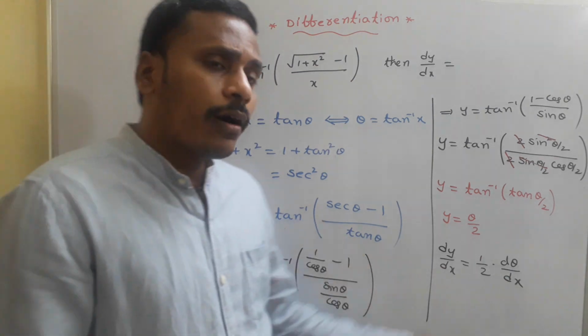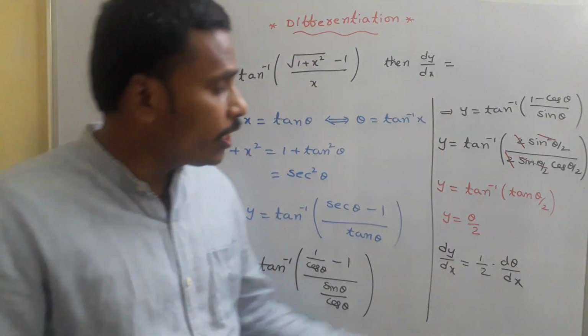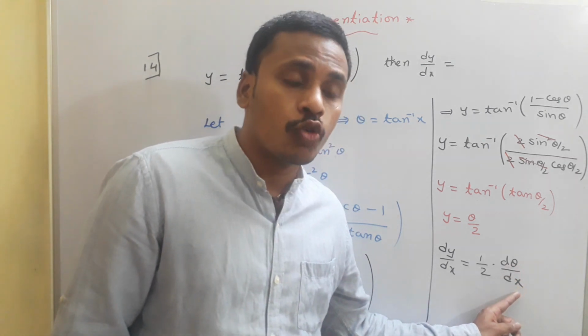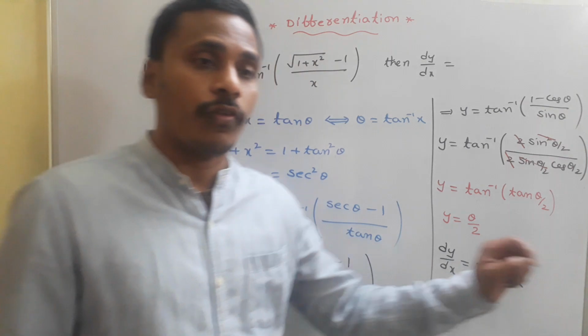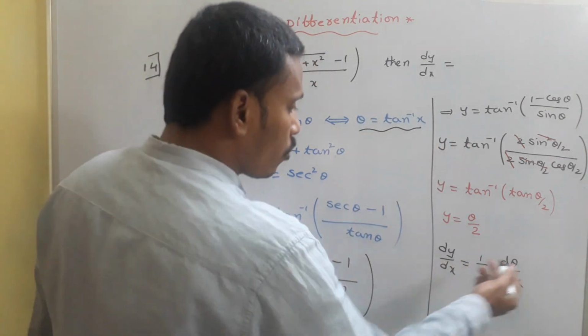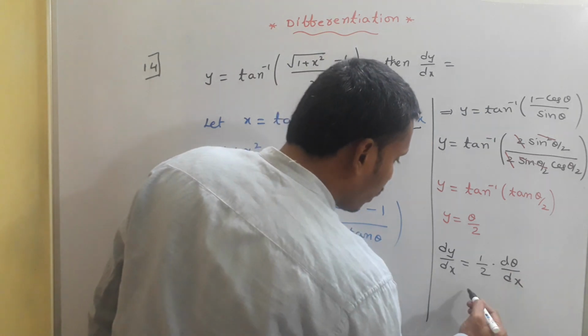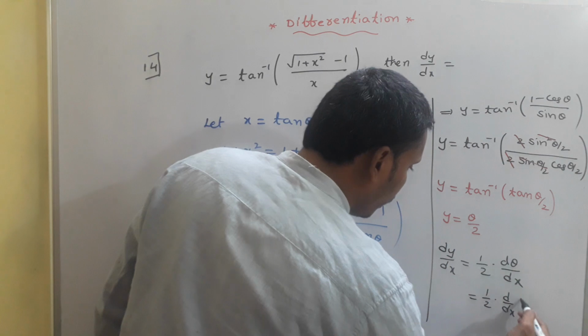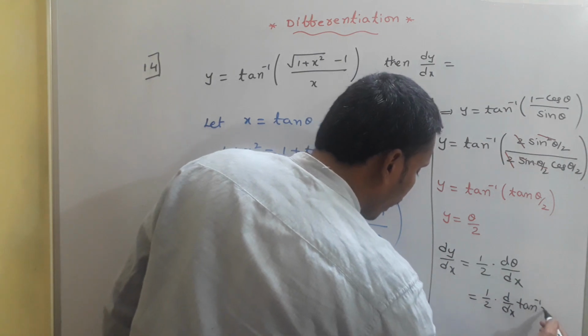Now to find dy by dx, we need to find d theta by dx. Since we are differentiating theta with respect to x, we need to use theta in terms of x. What is theta in terms of x? Tan inverse x. So replace theta with tan inverse x. So this is equal to 1 by 2 into d by dx of tan inverse x.